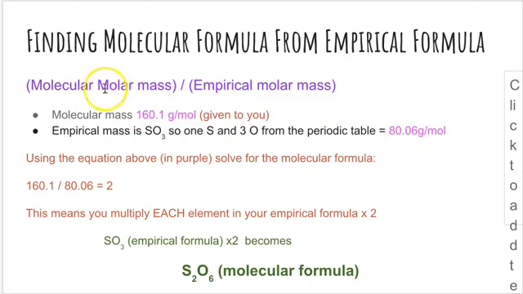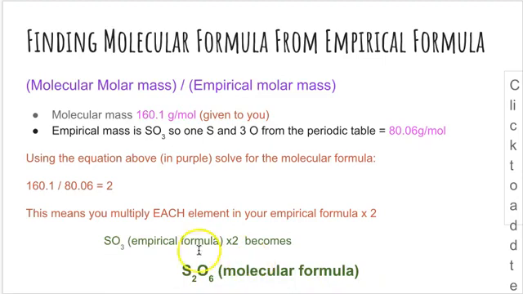So take 160.1 divided by 80.06, and you get an answer of 2. That means my original molecular formula is 2 times the amount of my empirical formula. So if empirical is SO3, I'm going to multiply everything times 2, so I'll have 2 sulfurs and 6 oxygens, and that would be my molecular formula.